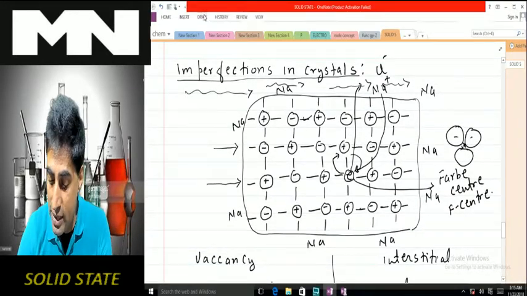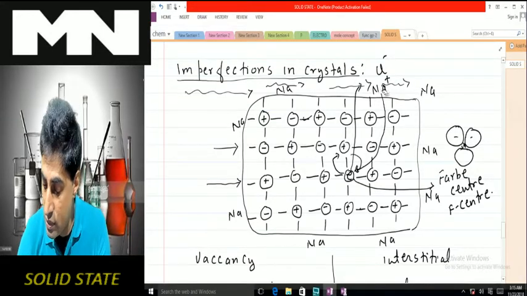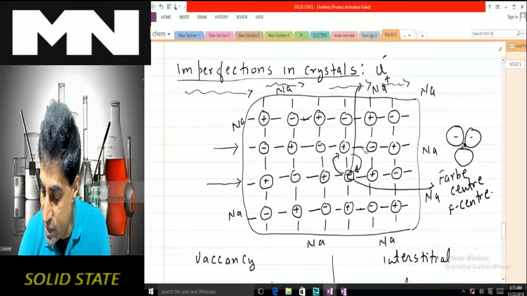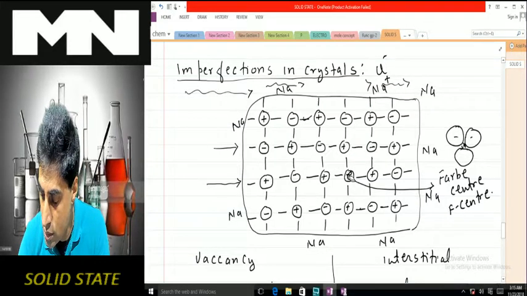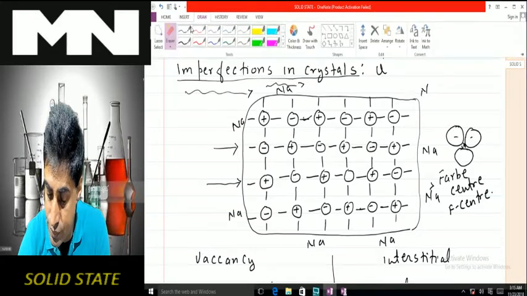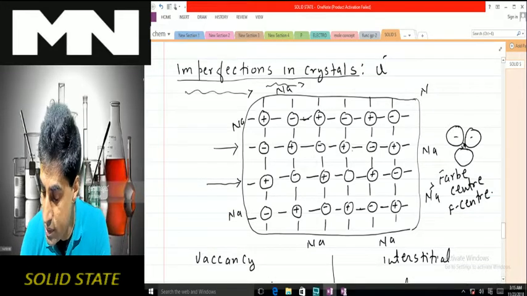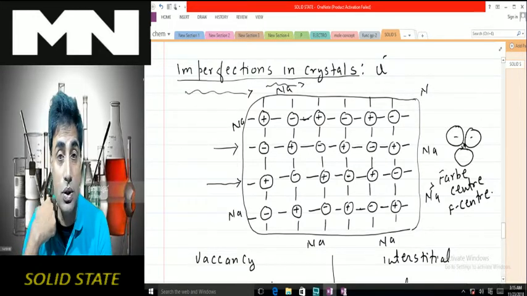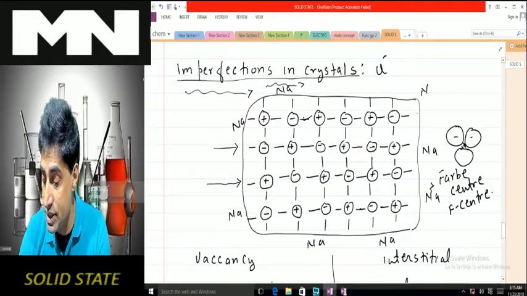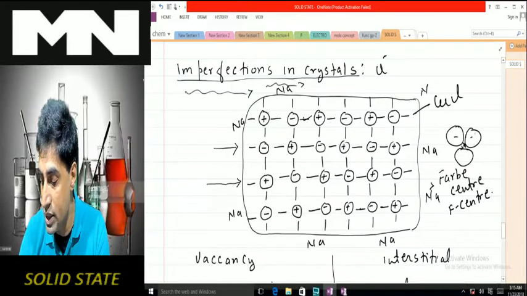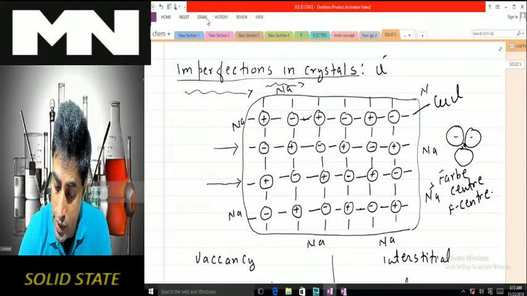We'll see what metal deficiency imperfection is. Now say here I've got negative. This crystal is not sodium chloride in this case. Suppose this crystal is CuCl, cuprous chloride.